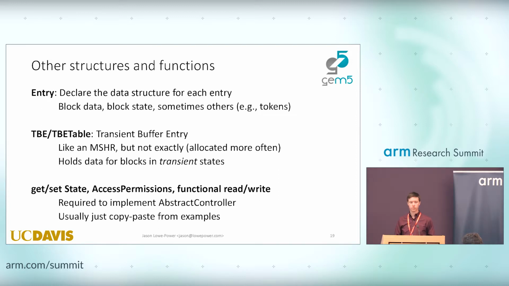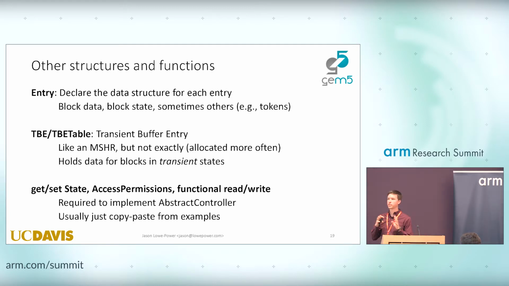So TBEs, maybe you should ask Dan Sorin exactly what TBE is supposed to stand for. There's 4 or 5 different things that you can find in the literature. But it's basically kind of like an MSHR, where you use it every time you have a miss, but you also allocate TBEs some other times too.